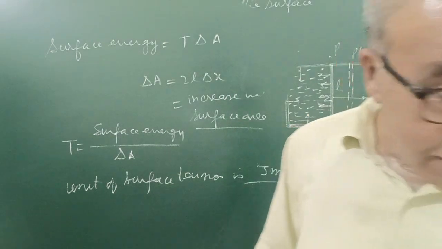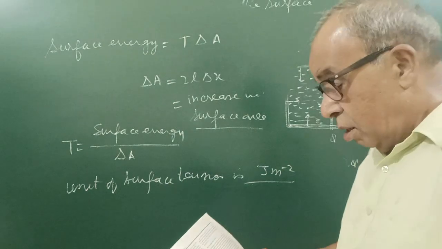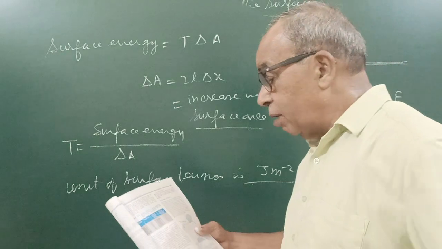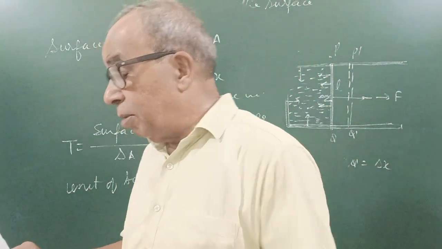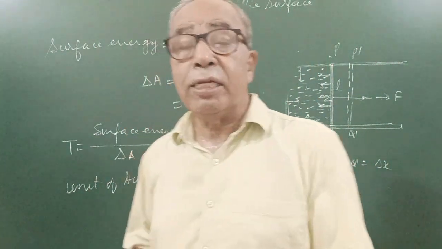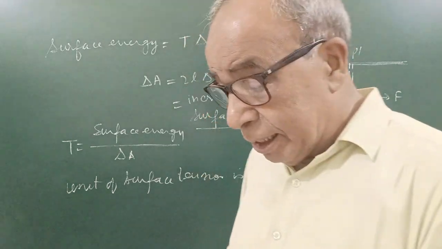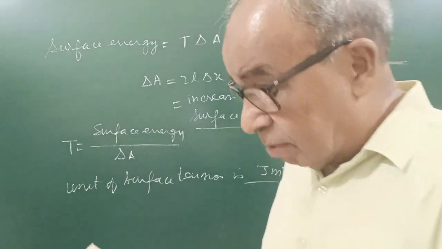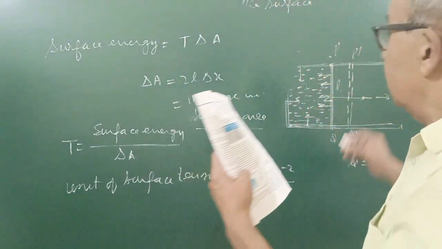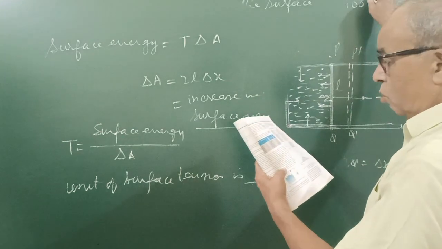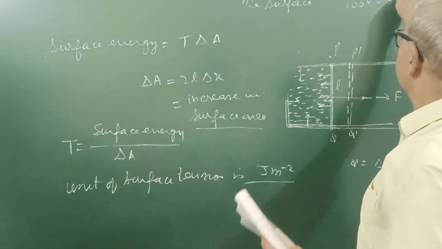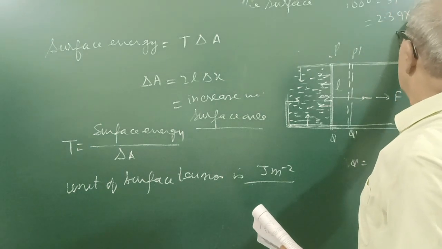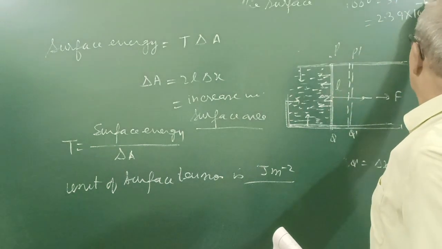Yes, dear student, there is a table in the NCERT book. You are given table 10.3 there, with surface tension of some liquids like helium. Helium is a gas, but it becomes liquid at minus 270 degree centigrade, and its surface tension is 0.000239, which you write as 2.39 into 10 to the power minus 4.